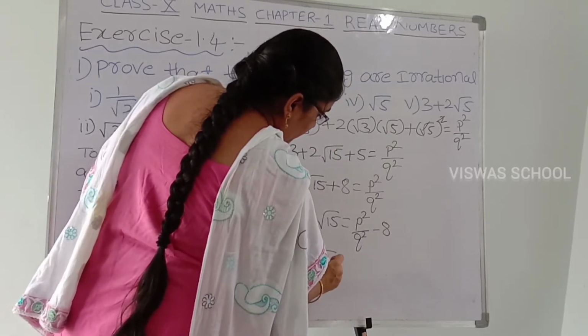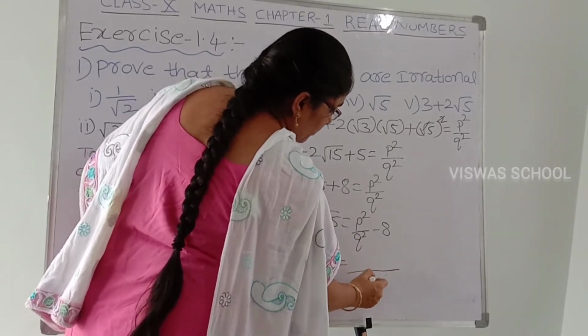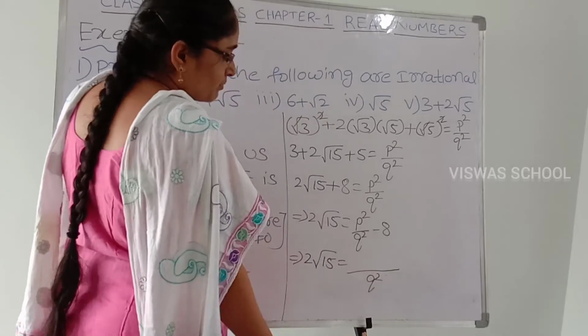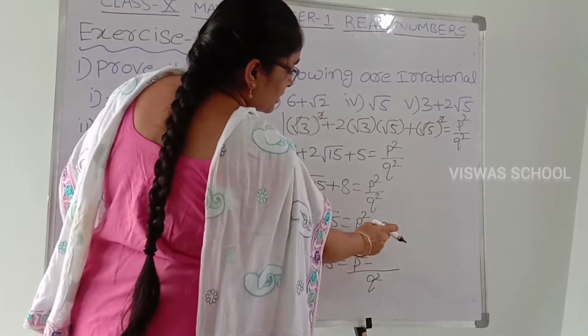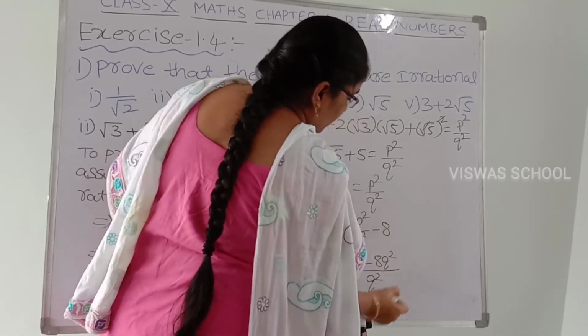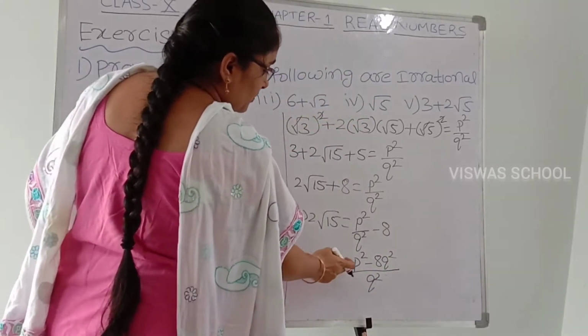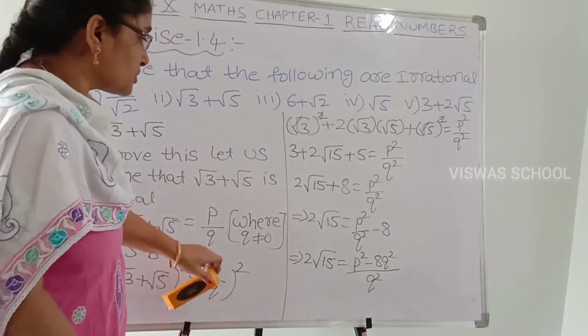2 root 15 equals, here the LCM is Q square. Now P square minus 8 into Q square, that is 8Q square. That is 2 root 15 equals P square minus 8Q square by Q square.